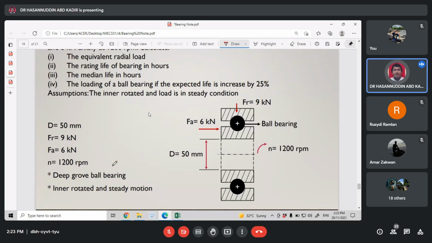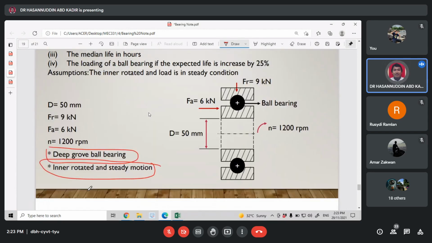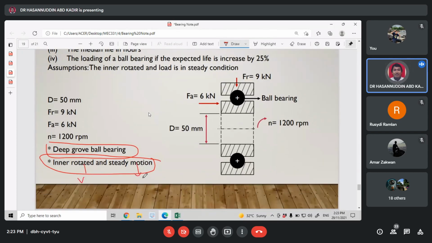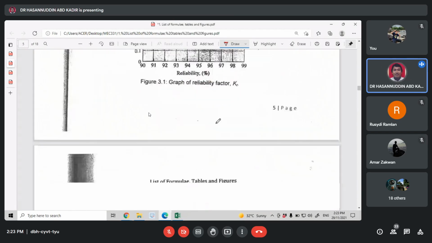They also mention deep groove ball bearing, inner rotate and steady motion. So you know the value of inner rotate relates to V, and steady motion is for the KS. So let's go to the tables.